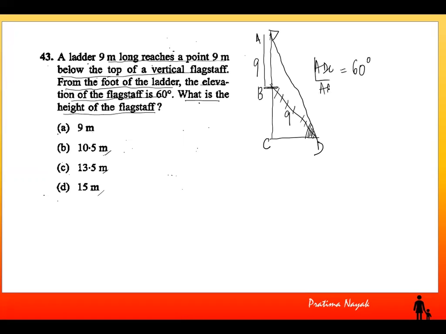ABD is an isosceles triangle because AB is equal to 9 and BD is also 9 meter. So angle A is equal to angle D. When triangles are isosceles, their angles are equal.